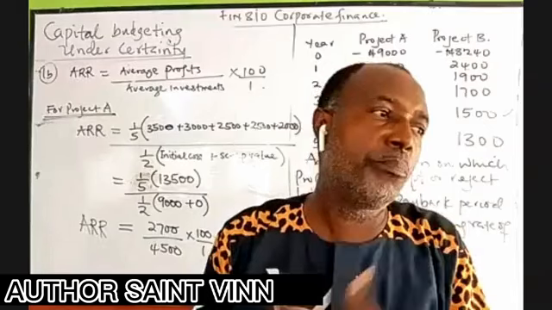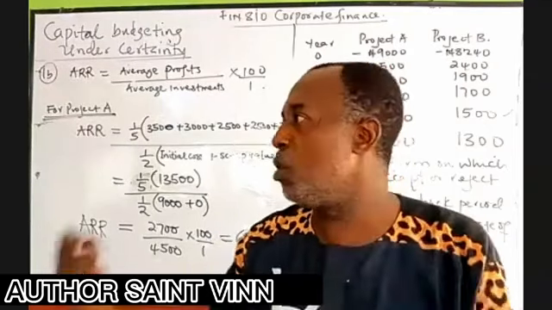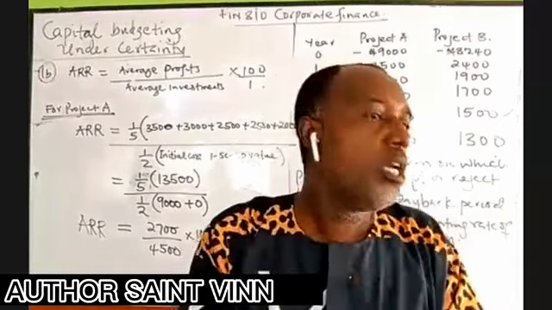Is it possible that we have a situation where our payback period will give a different advice to our ARR? It shouldn't be, but figures have a way of displaying many things.